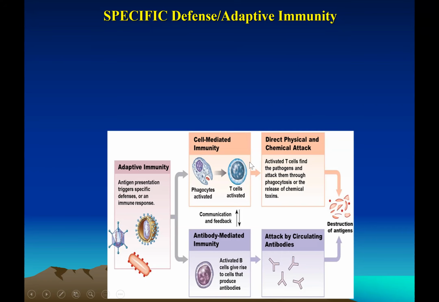Once it's activated, the T cell will find the pathogen, attack them, and get rid of them by chemical toxin or phagocytosis. It can also activate the B cells to differentiate to become plasma cells and make antibodies that will tag the antigen for destruction. So it can either be cell-mediated through T cells or antibody-mediated through B cells.